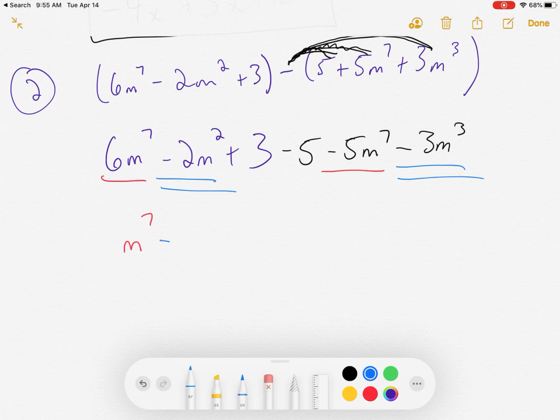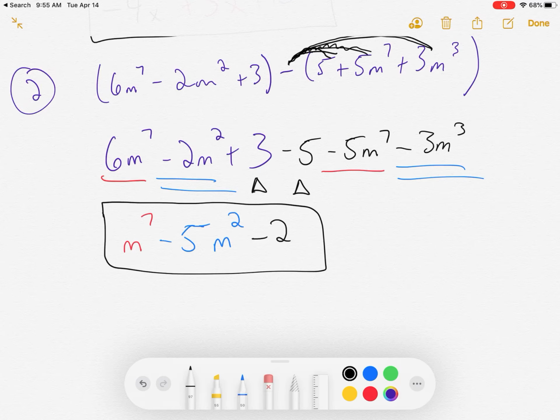But you should know that negative 2 minus 3 is negative 5m squared. Okay, last but not least, we have plus 3 minus 5. Well, what is 3 minus 5? We should get a negative 2. Okay, and then that is all I have for you today. I will post 4 more problems for you.